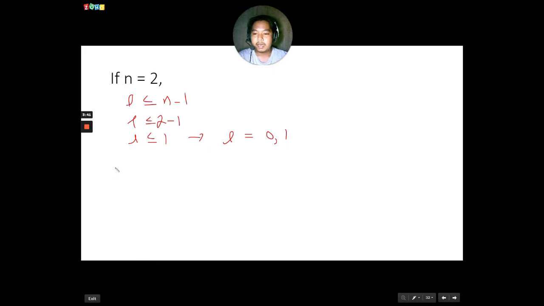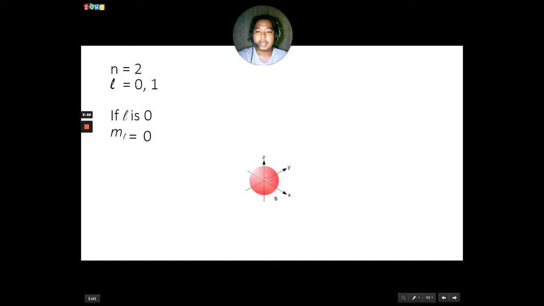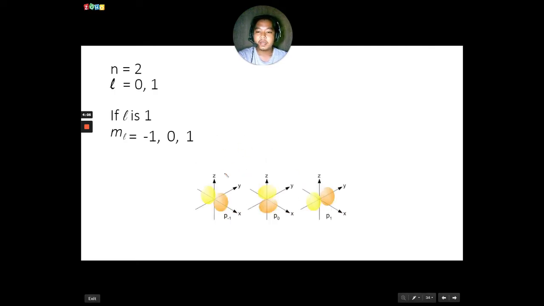If my L is 0, my ML would be 0. That would be 2, 0, 0. And my electron would be located in an orbital that is spherical. Now, what if I use the other one?